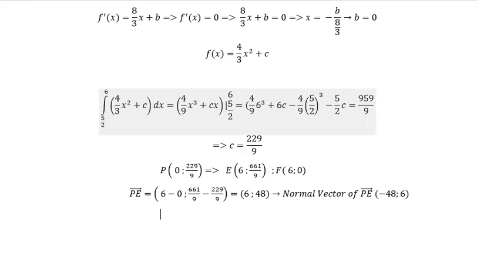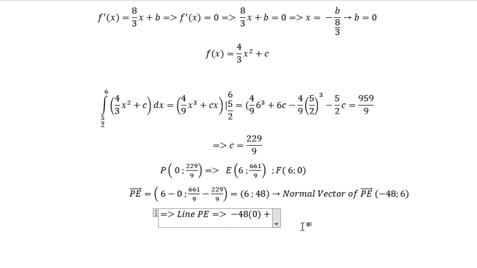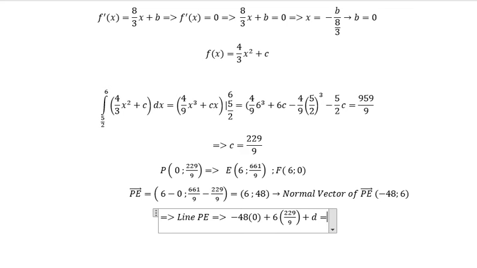So now we can create the equation of the line PE. That is negative 48, and we choose P as the point on PE, so we have 0 and 6 multiplied by 229 over 9 plus D equals 0.